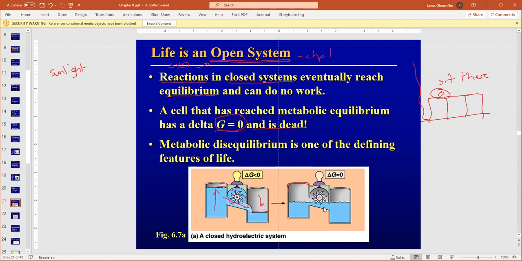But imagine if the dam's level was the same as the other side, the water wouldn't move, delta G would be 0, and you would get 0 energy. And without energy, we defined in chapter 1 that energy is required for life. So this equilibrium in metabolism is one of the features of living systems.